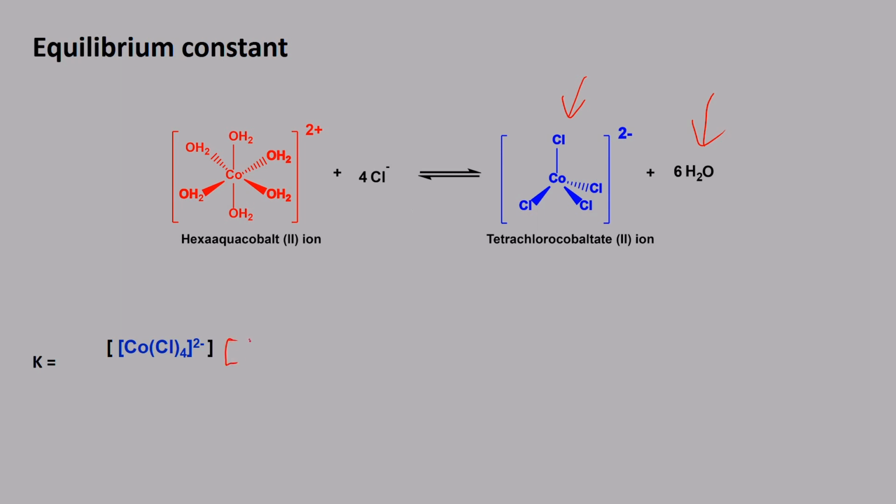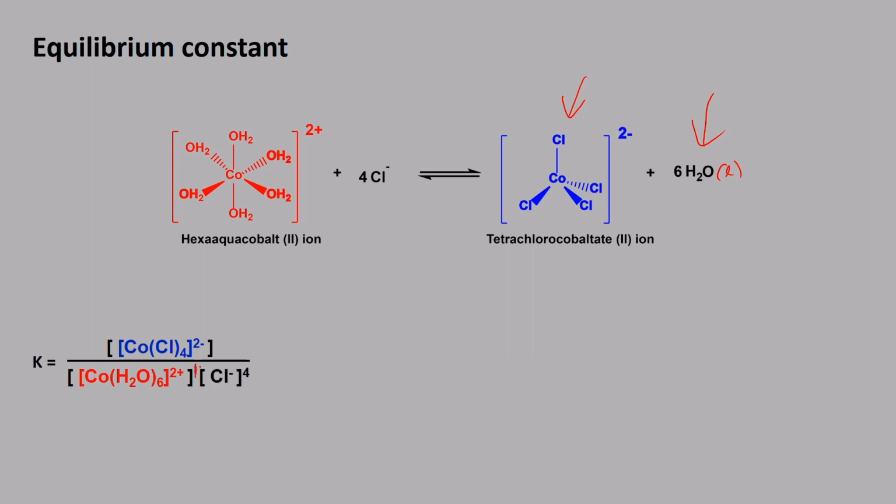Now, for water, we don't actually write water down in this reaction, because it is a pure liquid here, and pure liquids and pure solids do not appear in the equilibrium constant. So we will not write down water for this, but we need to divide through by the concentration of our two reactants raised to their stoichiometric coefficients.